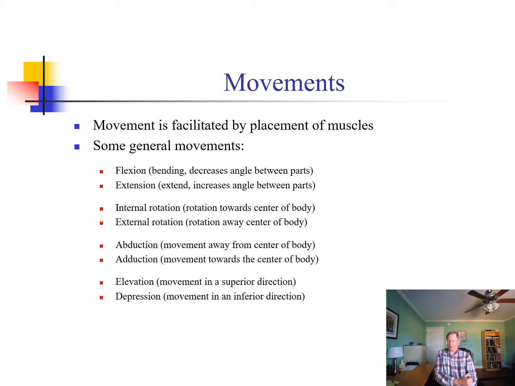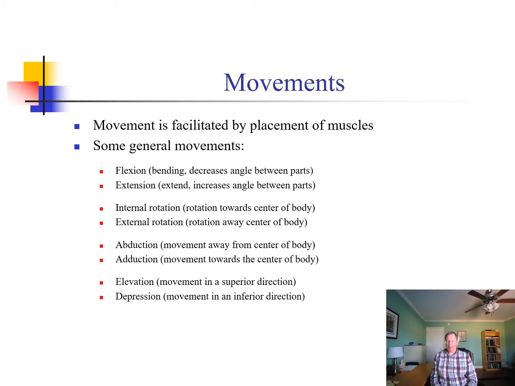Internal rotation, external rotation. I can also move something away from my body. That's called abduction, or towards my body, which is called adduction. So I can abduct my shoulder, or I can adduct towards that.